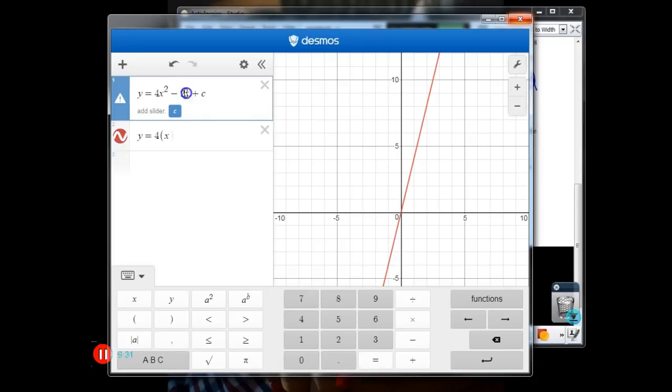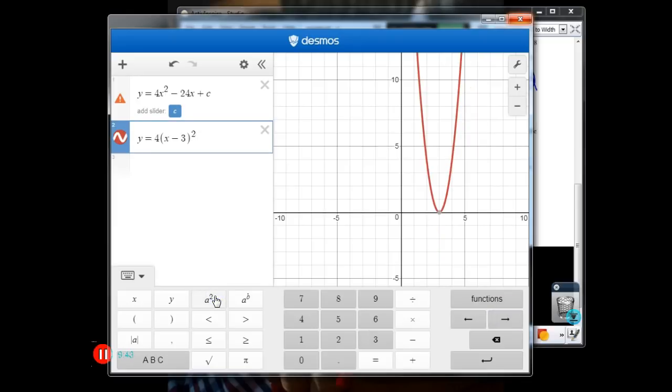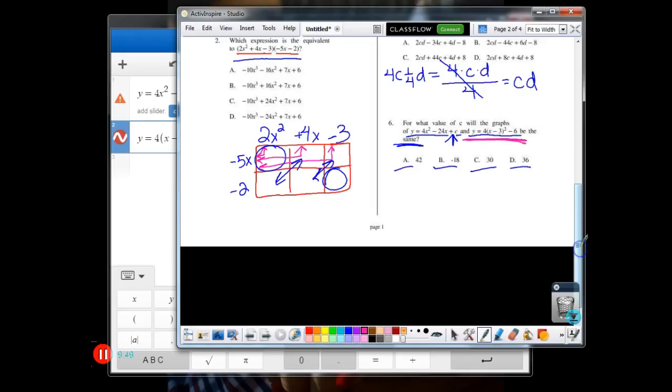It's 4 times x minus 3 squared. Okay. So now, what they're asking us is what value of c would make these two match.